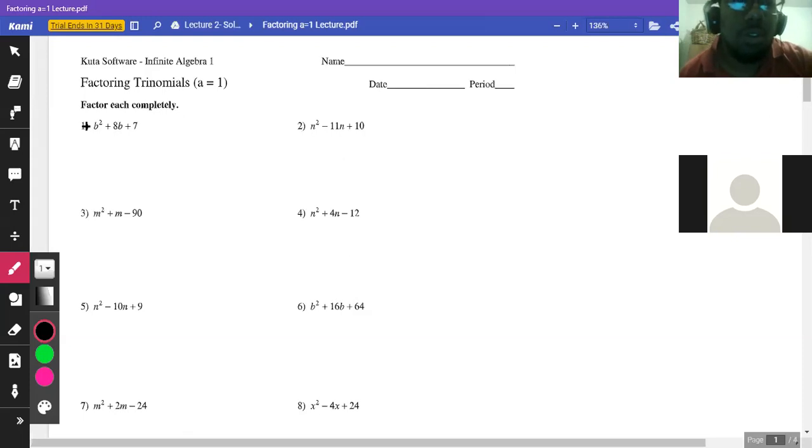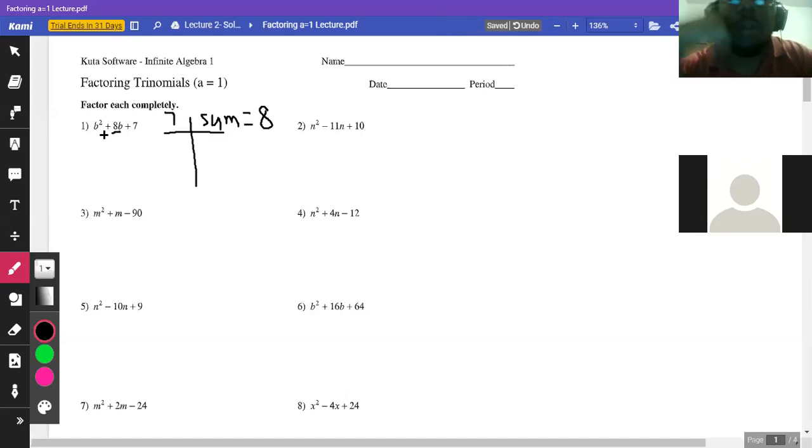So basically all I'm going to do for this is find 2 numbers that multiply to give me the number on the end, so multiply to give me 7. And when I add these 2 numbers, their sum gives me the coefficient in the middle, so the sum should be equal to 8.